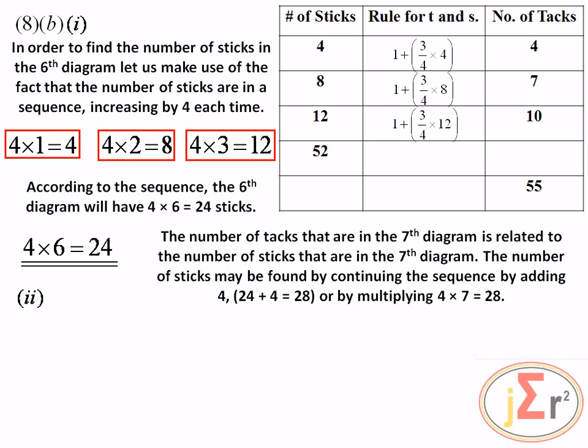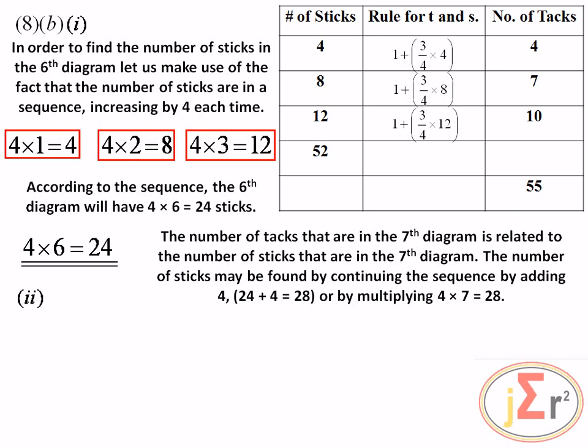We may take the approach of finding the number of sticks first, although that is not the only way that we can do it. The number of sticks may be found by continuing the sequence by adding 4 each time. So in order to determine the number of tacks, we are determining the number of sticks first.